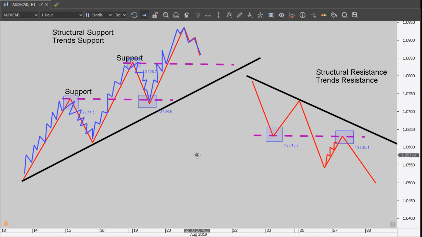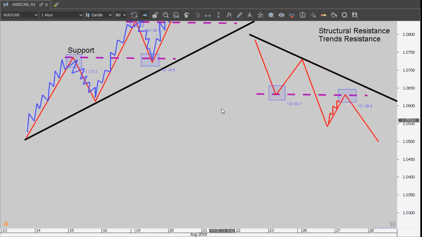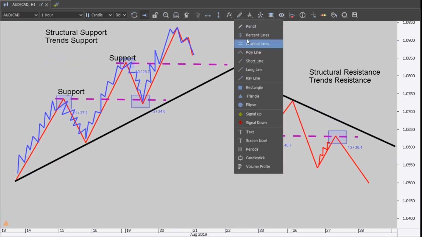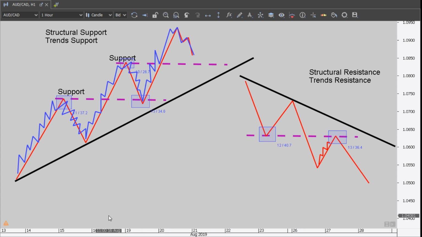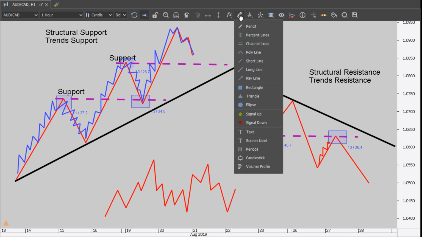Okay, now pivot points are a different story. So if this is support and this is resistance, pivot points are areas, and it happens on all time frames. Pivot points are areas where the market hit the area from both sides.